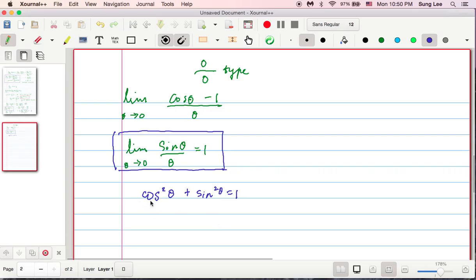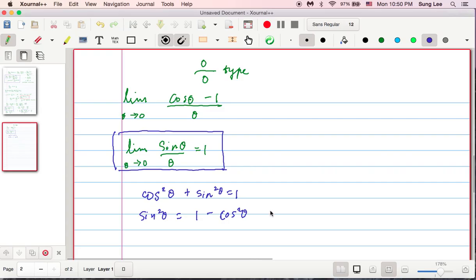Using this formula, you can write cosine theta in terms of sine and vice versa. In other words, you can also write sine theta in terms of cosine. So in this case, sine squared theta is going to be 1 minus cosine squared theta.